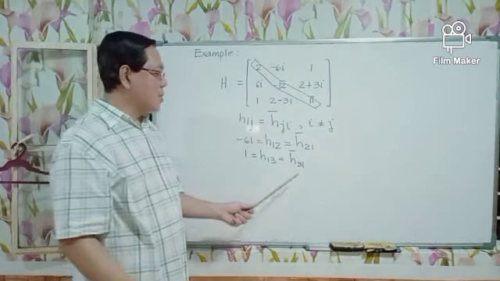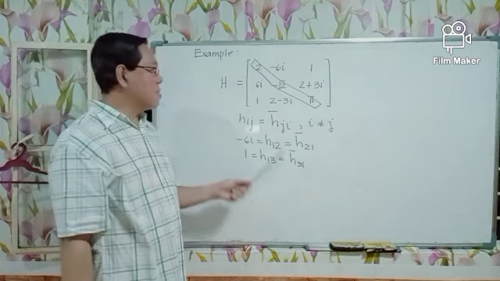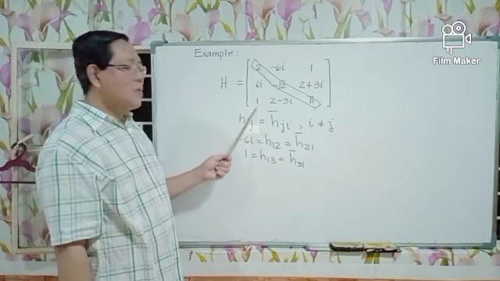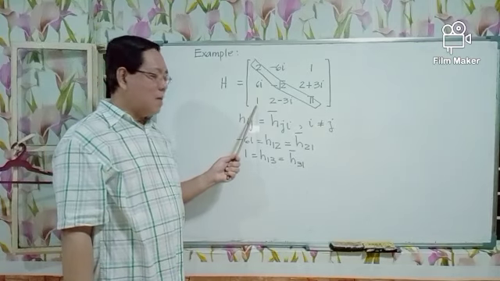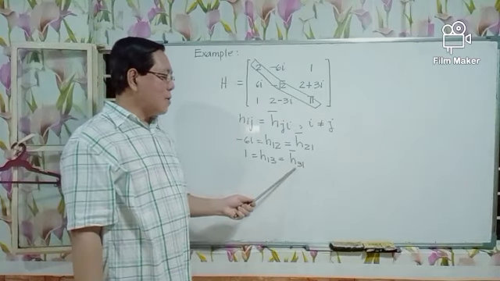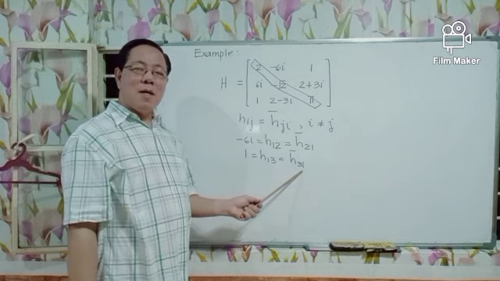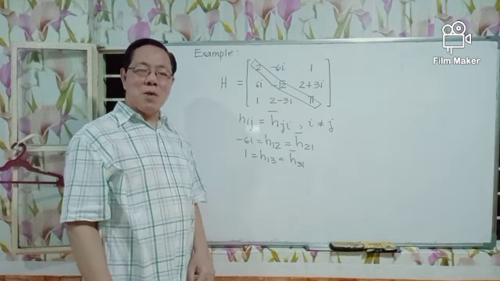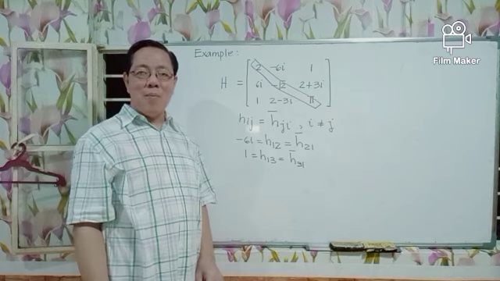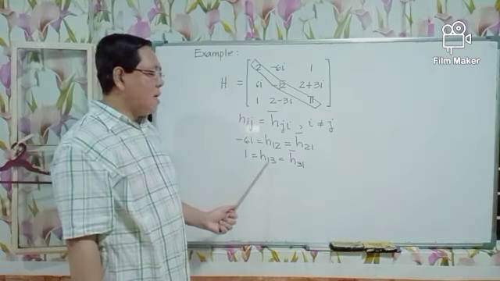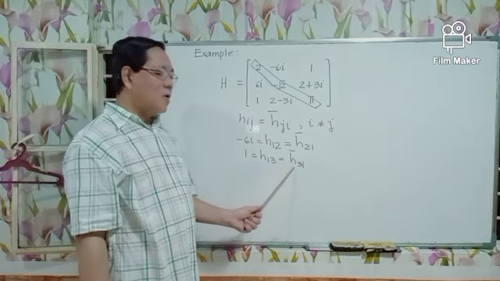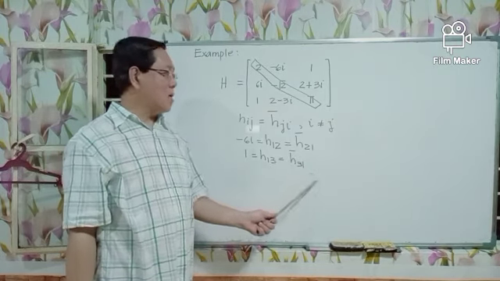The entry in the third row and first column is 1: third row 1, 2, 3, first column 1. And as we said earlier, the conjugate of a real number is itself, 1. Hence, the entry H13 is equal to the conjugate of H31.